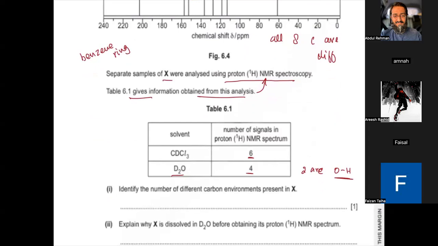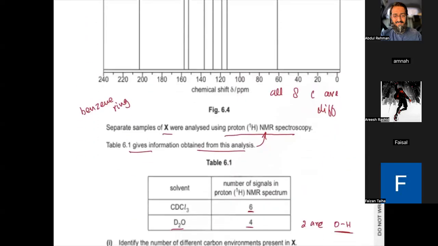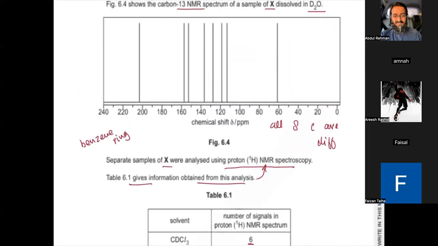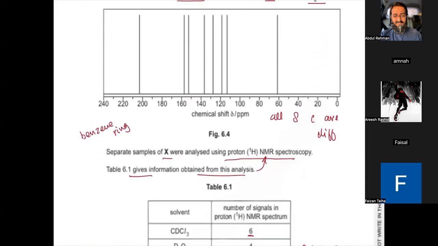Identify the number of different carbon environments present in X. So the number of different carbons present in X is 8, which we have already identified, right? These are singlets, but this is carbon-13 NMR, so it's not splitting.